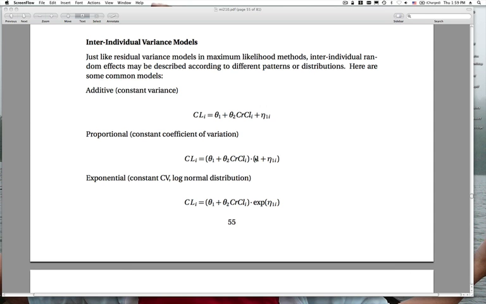Another way to model that is through an exponential or a log normal distribution, which approximates a constant coefficient of variation at lower measures of inter-individual variance. Again, you see the individual clearance described by some typical value with an exponentiated inter-individual random effect.